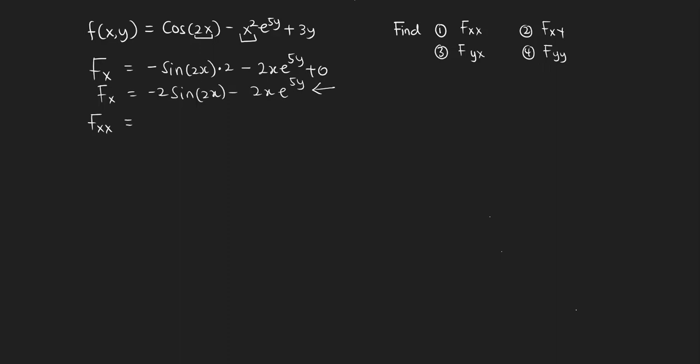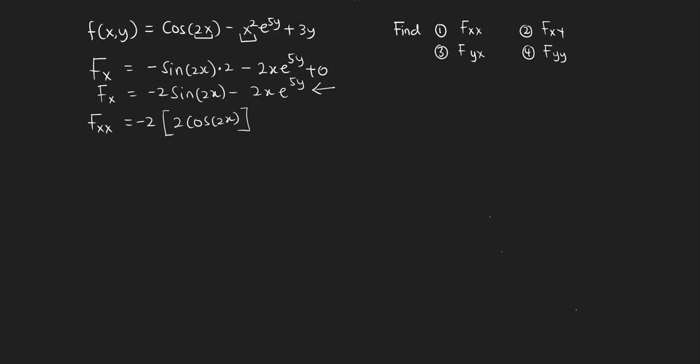So let's write the minus 2 and then let's differentiate the sine 2x. Differentiating sine 2x will give us 2 multiplying cosine of 2x. Just like what I did here, you first differentiate sine 2x, which gives cosine of 2x, then you multiply by the derivative of the angle inside, and that's what gives us this 2 here.